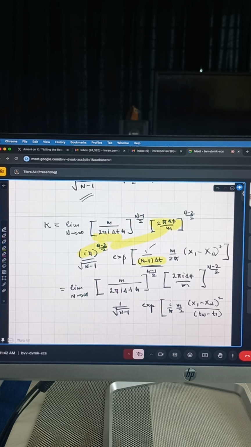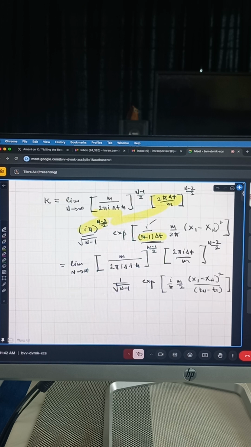We should also have some factors of h bar, which I probably forgot. Yeah, there's an h bar here, right? So I forgot the h bar.